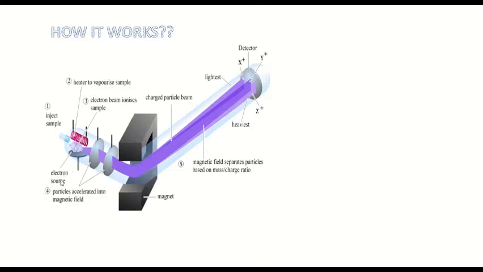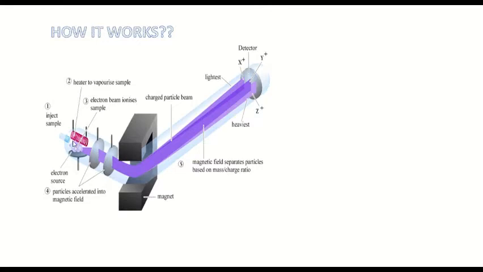Electron source ini akan keluarkan elektron, dia akan attack kita punya vaporized sample tadi. This high energy electron will knock off electron, maksudnya dia akan push elektron keluar daripada vaporized sample tadi.